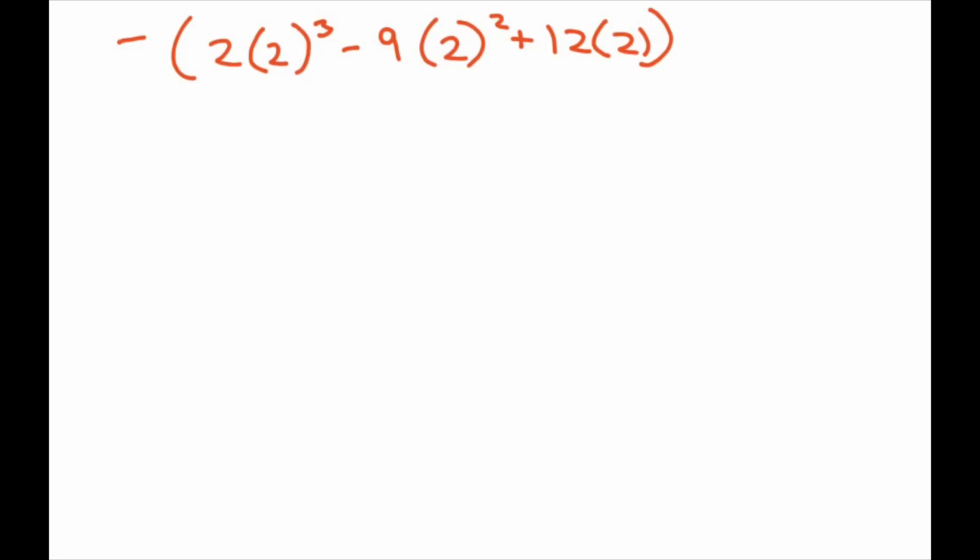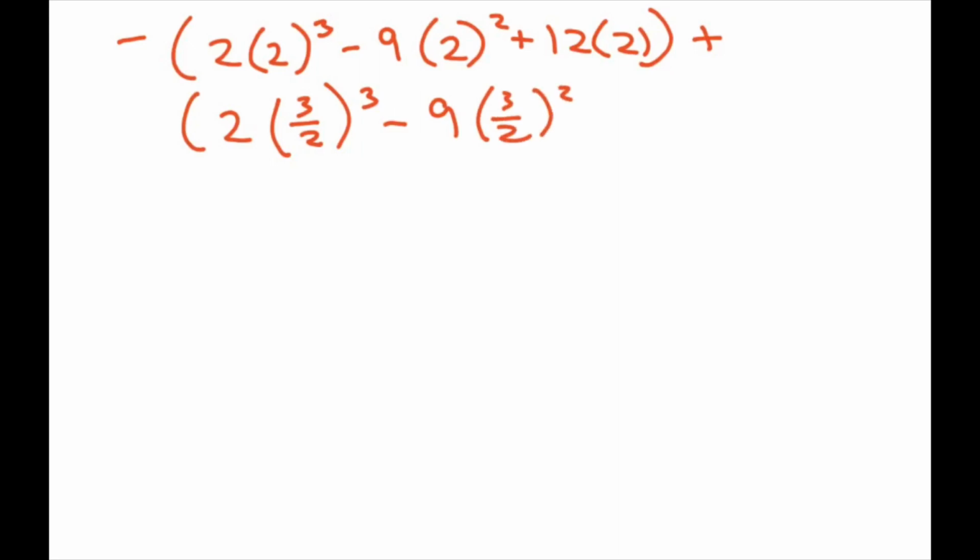So that's the first part. Plus, then you have 2 times 3 halves cubed minus 9 times 3 over 2 squared plus 12 times 3 over 2.